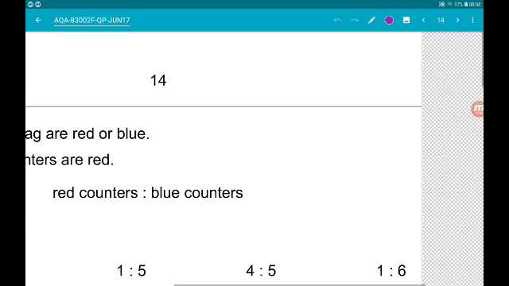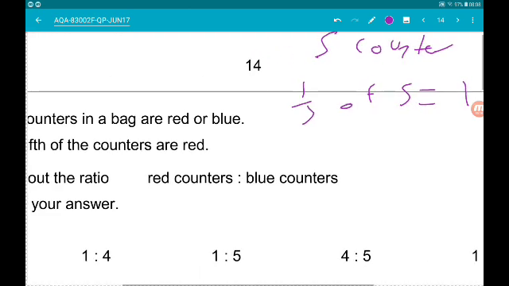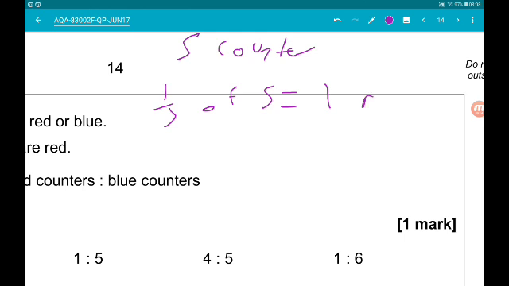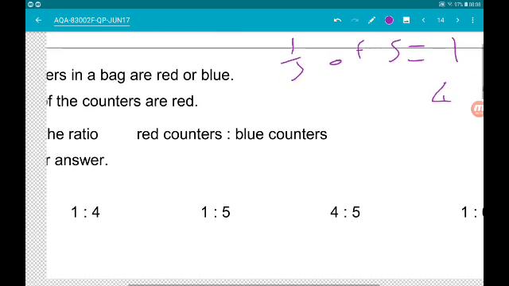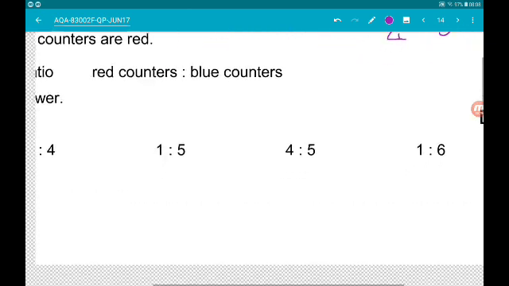Let's just say that there are 5 counters. Now 1/5 of 5 is 1, so there's 1 red, which means there would have to be 4 blue. So the ratio red to blue is 1 to 4.